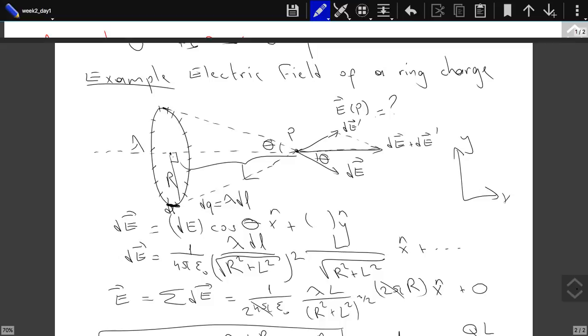Now, when I'm summing over here, after this argument, I just considered one of the segments only. I just ignored the vertical component because I know that when I sum over all the segments, I will be summing this one with this one, this one with this one. I will be summing over all diametrically opposite segments, and I know that this component will cancel because of this argument.